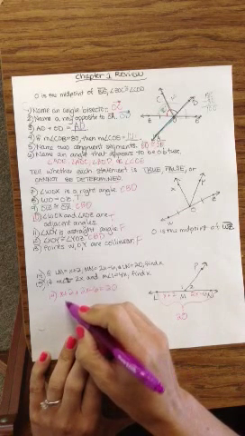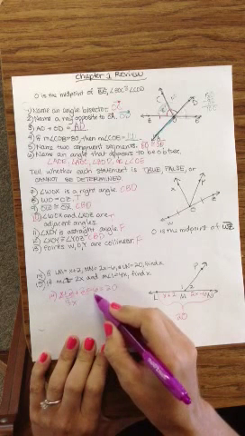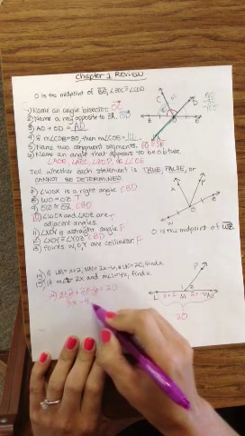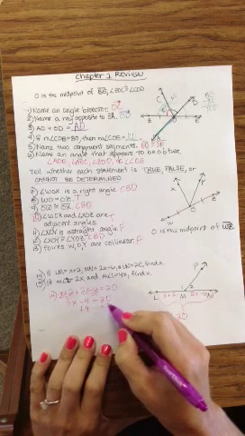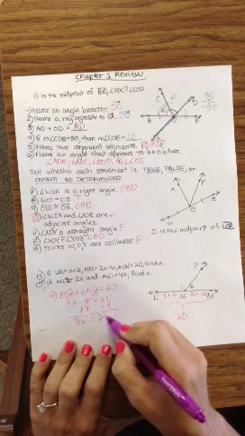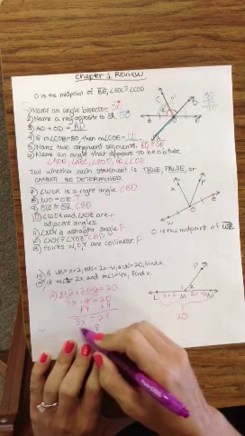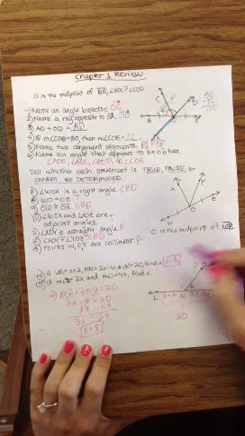Combine like terms: x and 2x is 3x, plus 2 minus 6 is minus 4, still equal to 20. Add the 4 to both sides. So 3x equals 24, so x must be equal to 8. That's how you do number 14.